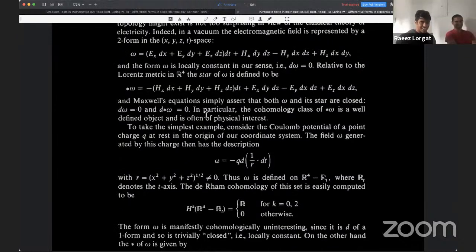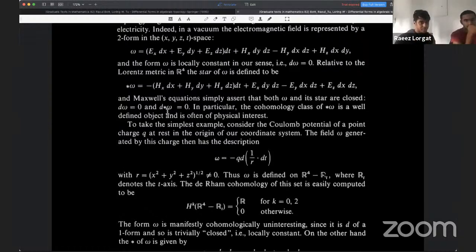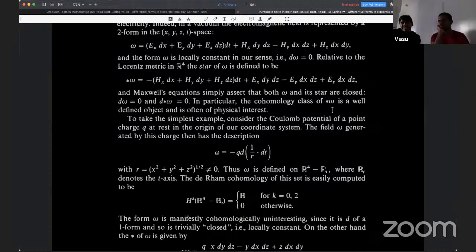Maxwell's equations in totality, in vacuum, say that the exterior derivative of the curvature two-form and of its Hodge star are zero. That is the most succinct way of writing the in-vacuum Maxwell's equations. In particular, it says that we have a cohomology. Remember, you can only talk about a cohomology class if it's annihilated by d.